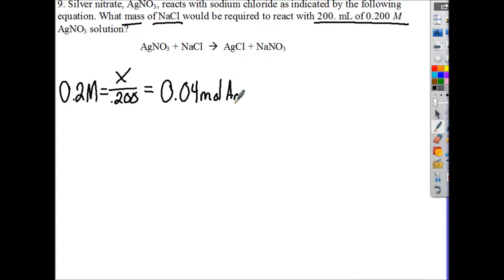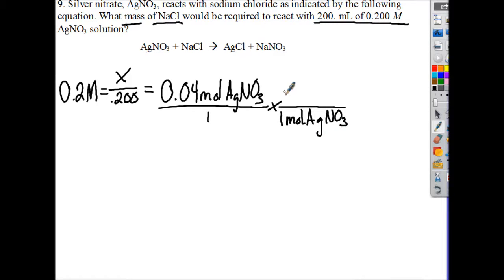And this is AgNO3. And is this a balanced chemical equation? It is. So for every 1 mole of silver nitrate, I need 1 mole of sodium chloride to completely react it.